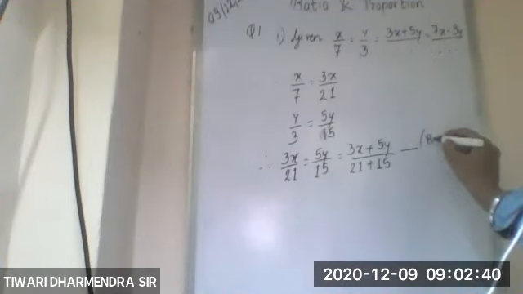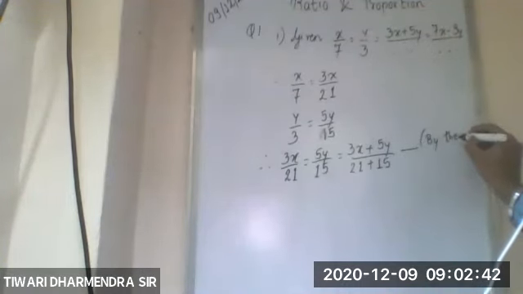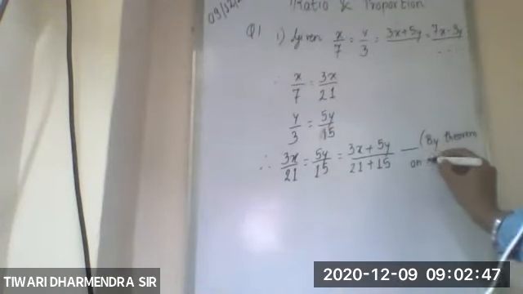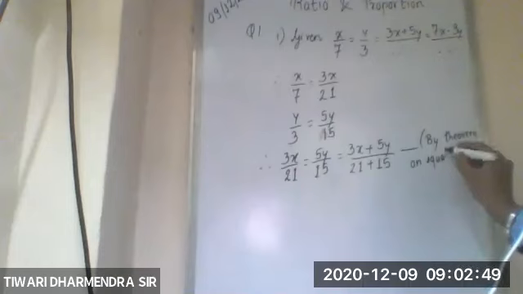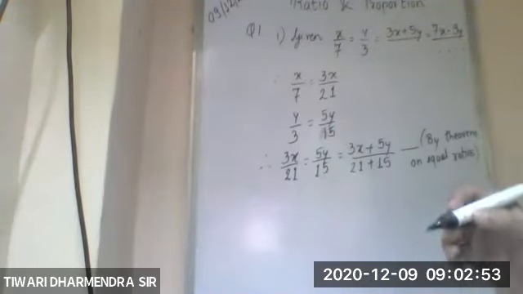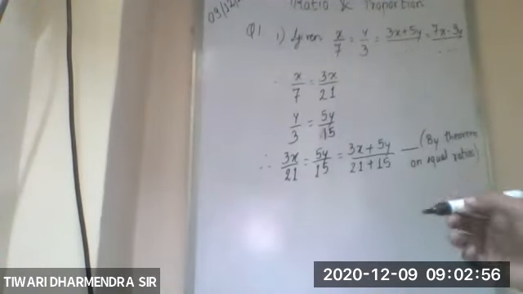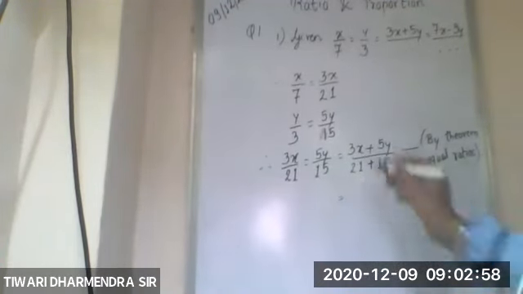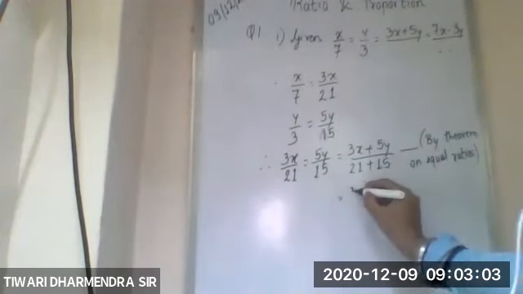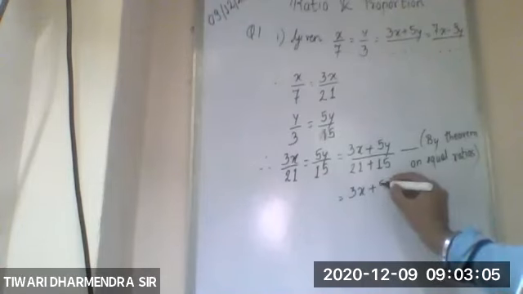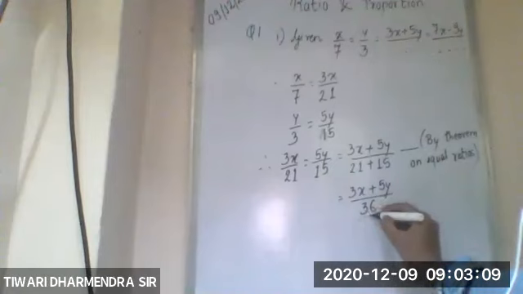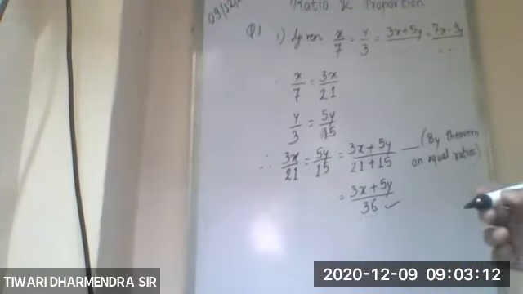Reason: by theorem on equal ratios. Now we can see that 21 plus 15 is 36. So 3x plus 5y upon 36. We have filled the first blank.